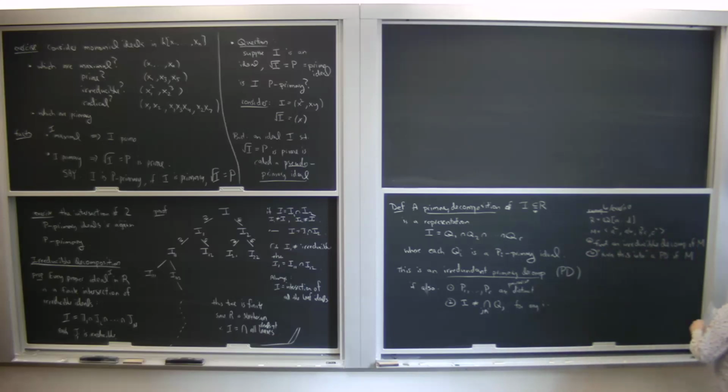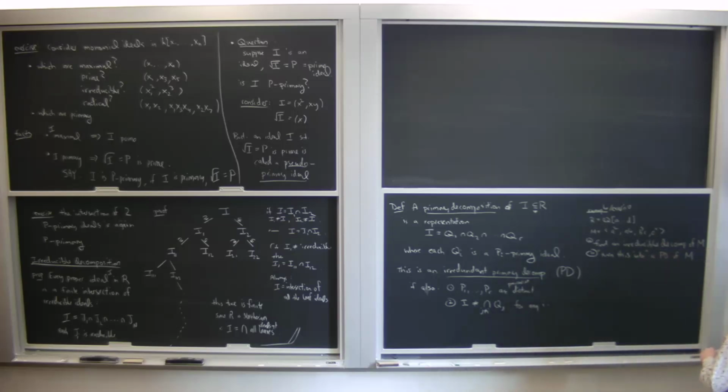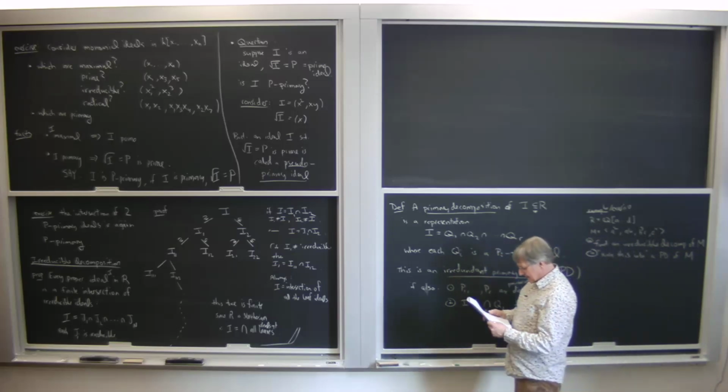Actually, to tell you the truth, this is a primary decomposition of M, but it's not necessarily very irredundant. Anyway, that's a good exercise to get used to playing around with these things. Now we're going to be able to prove that this thing is the case.